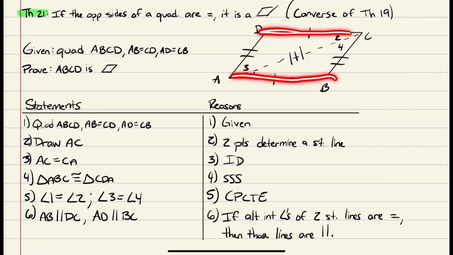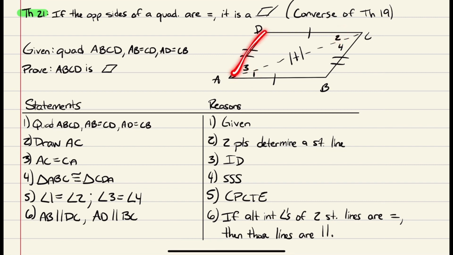If these two lines are cut by a transversal, that's understood by my statement here, and they form alternate interior angles between those two lines. If those two alternate interior angles are equal to each other, it means that the lines are parallel, because that's an attribute of parallel lines.